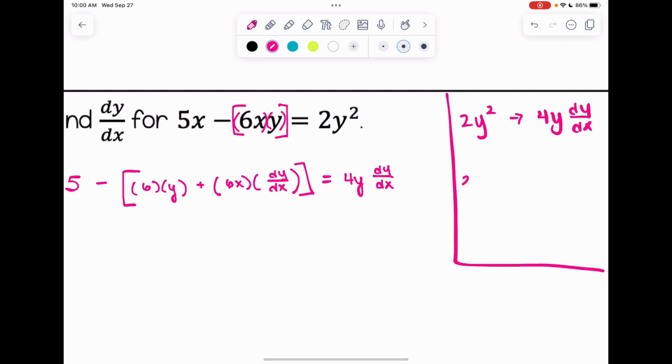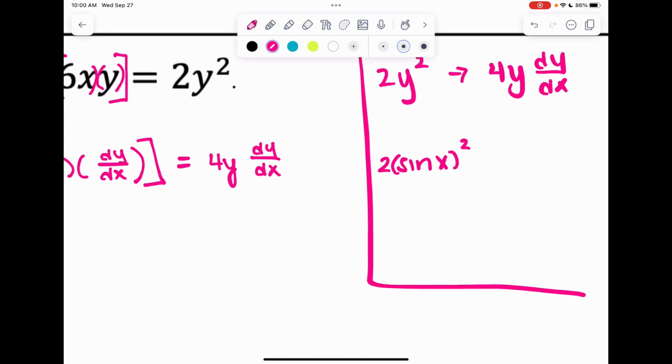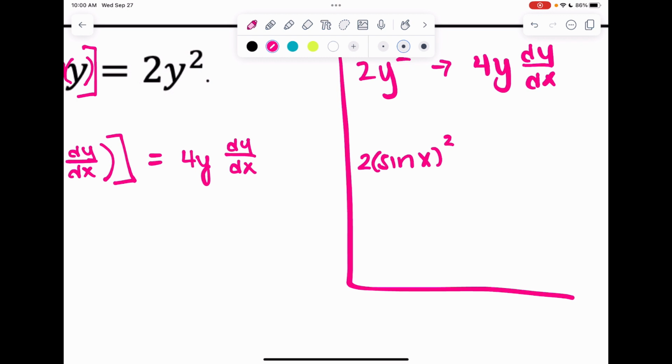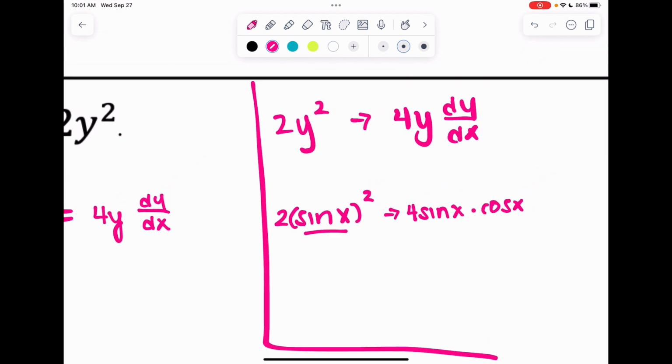Just like I explained on the previous problem, let's talk about how the derivative of 2y squared is 4y dy/dx. I'm going to relate it to an example I showed you above. Let's say that I had 2 sine squared x, and I was going to take the derivative. Well, I would bring the 2 down, and I'd get 4 sine x. But I would have to use the chain rule here. I'd have to take the derivative of the inside, times cosine x.